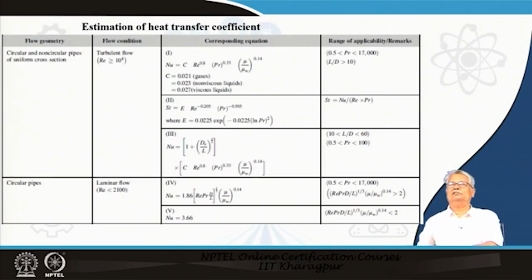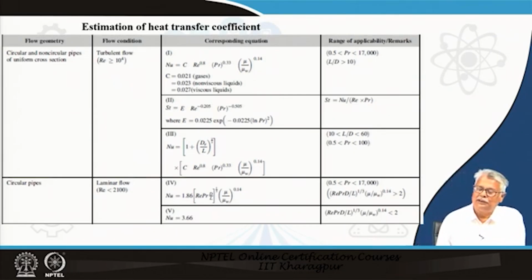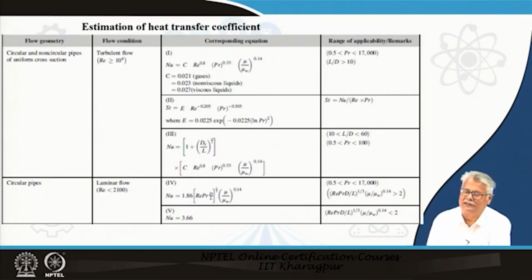Now, I have introduced you to Hi and Ho. The question comes that whenever you are to do such calculations, you will be requiring to find out or have a value of Hi and Ho. Now, there are a few things which are there. You will notice there are certain non-dimensional numbers which relate to heat transfer.